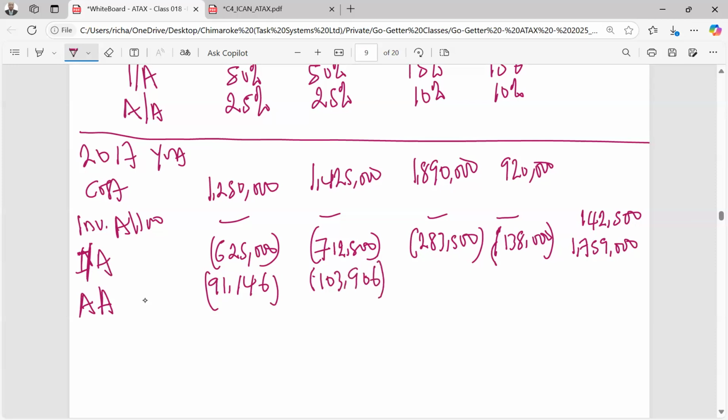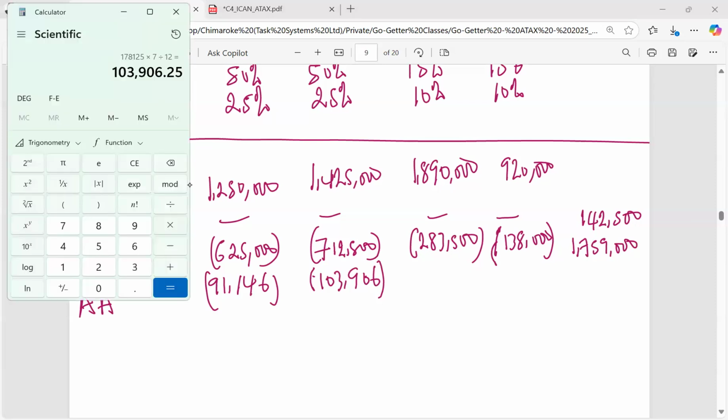Now the third one, I'm going to do it this way. 1,890,000 minus 283,500 gives us 1,606,500. Now 10% is 10 years, because 100 divided by 10 gives me 10.